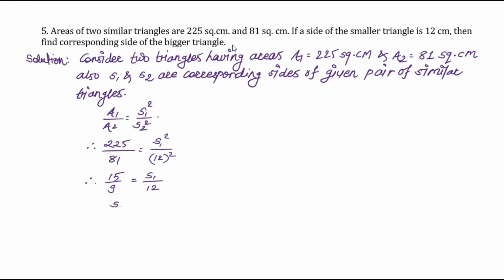And by reshuffling this equation, I can write 15 by 9 times 12. So 3 threes are 9 and 3 fours are 12. Again 3 fives are 15, and 5 fours are 20. So 20 centimeter is the corresponding side of the bigger triangle.